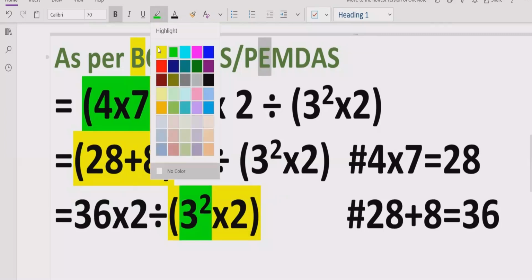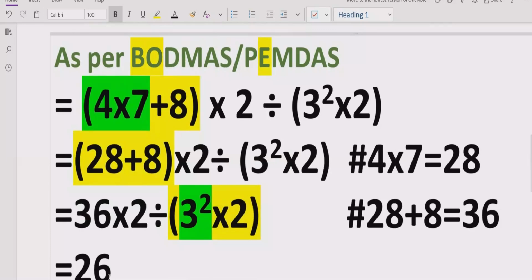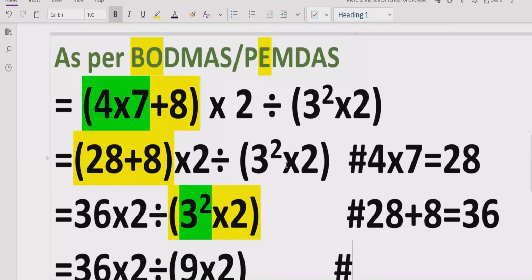So what we have to do, we will write 36 multiplied by 2, again divided by, we will write as it is, and 3 raised to power 2 means 3 multiplied by 3, which is equal to 9, multiplied by 2, we will write as it is. And here we have to give the reference: 3 raised to power 2 equals 9.